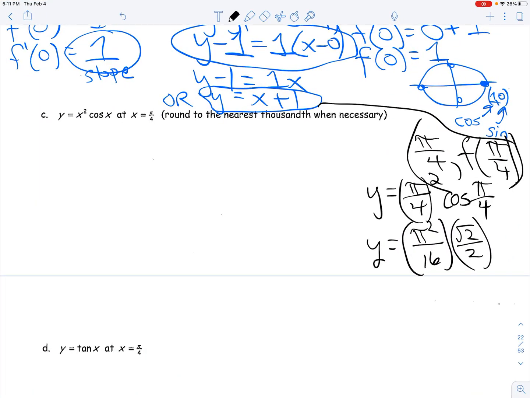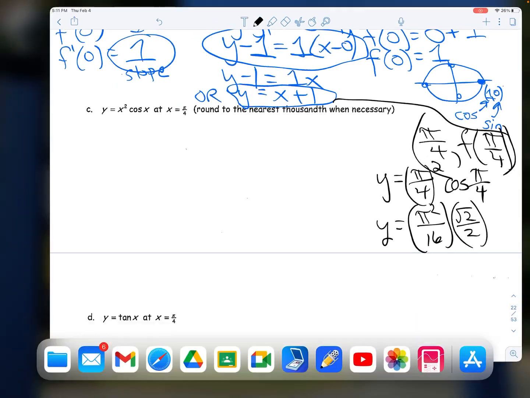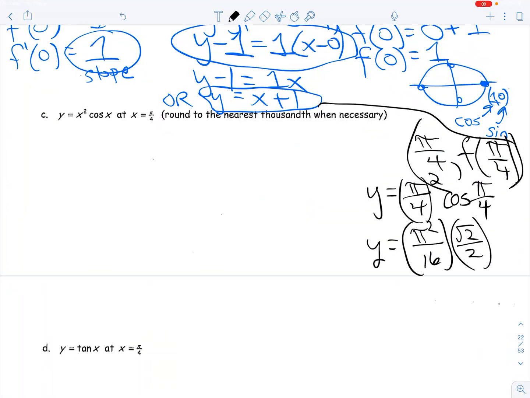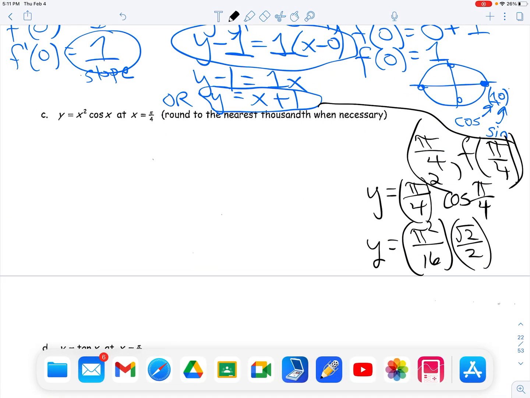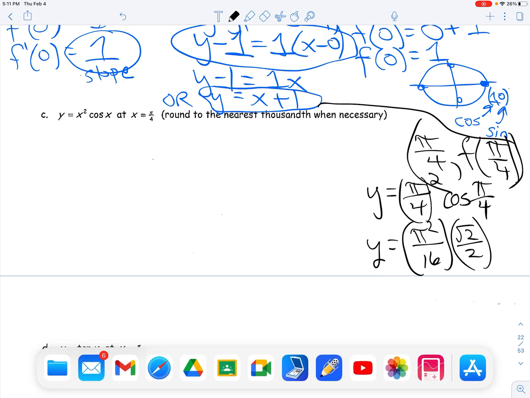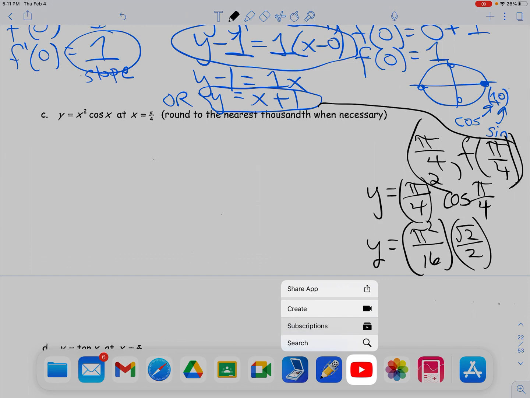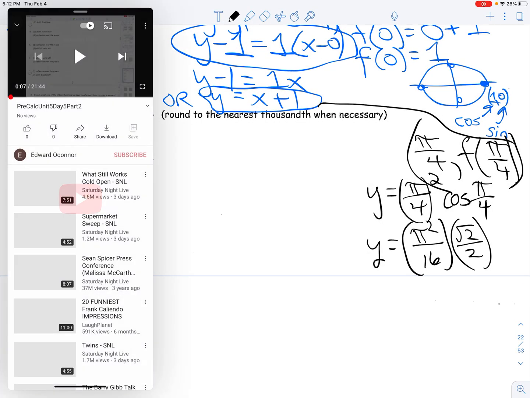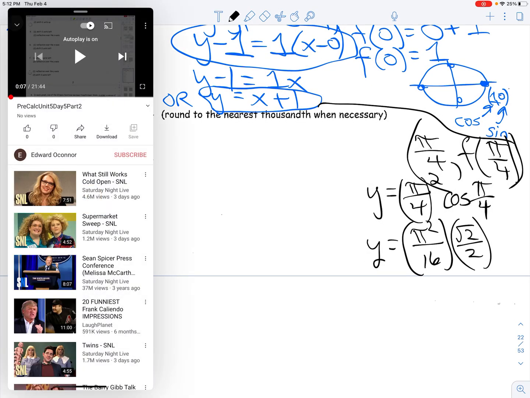Pi squared over 16, times radical 2 over 2. Guess you have to do it slow.